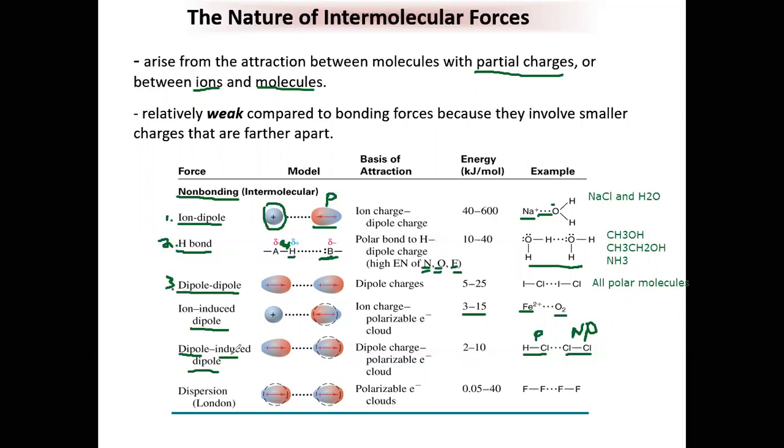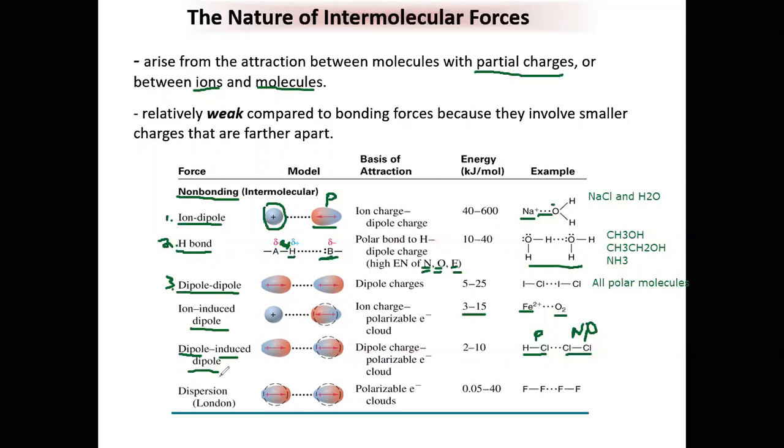We have to have a nonpolar entity such as O2 to have that interaction. So ion-dipole, ion-induced dipole, and dipole-induced dipole have to have two different entities interacting with one another. For ion, you have to have either a cation or anion as one of the two substances.